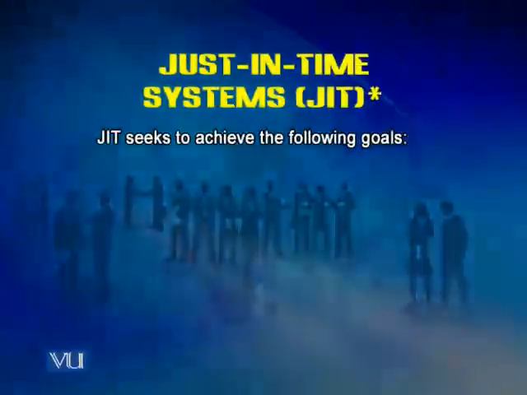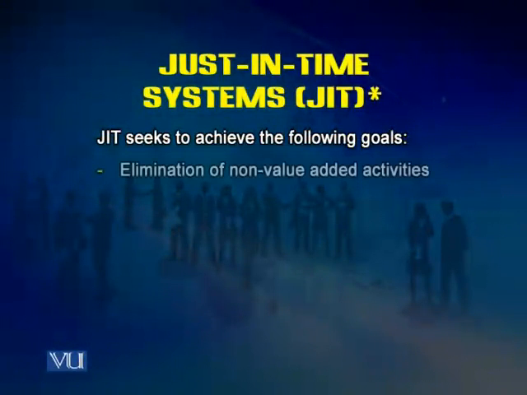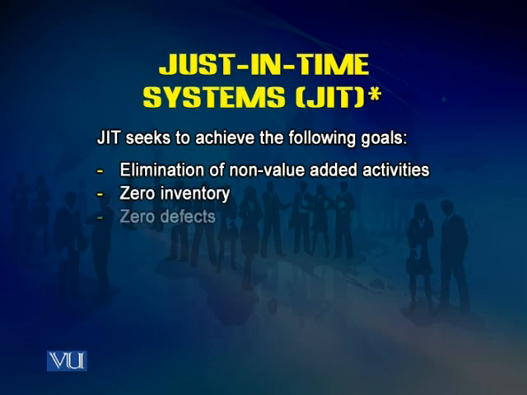So efficiency techniques and efficiency systems are going to try to eliminate all such costs. JIT seeks to achieve the following goals: elimination of non-value added activities, zero inventory, zero defects, batch size of 1. We'll look in a moment at what is meant by this batch size of 1.